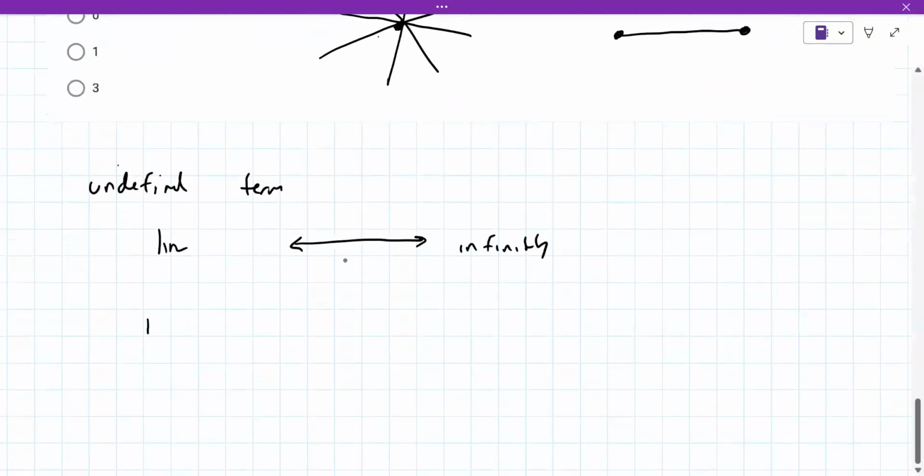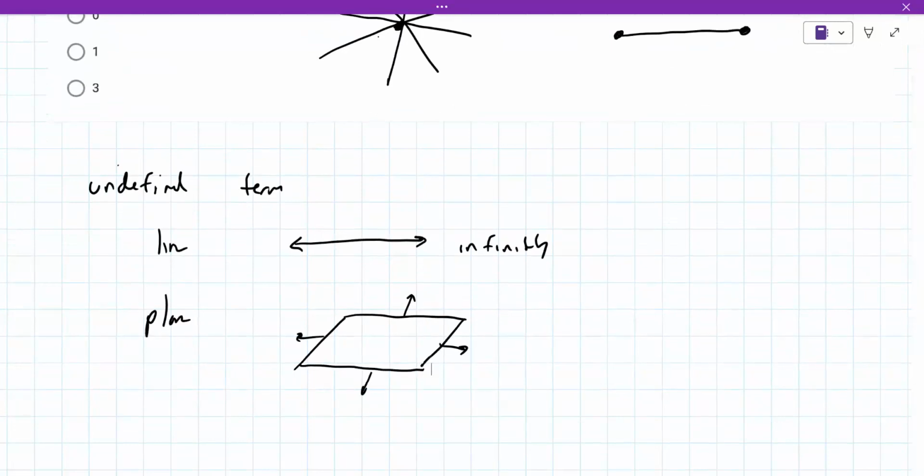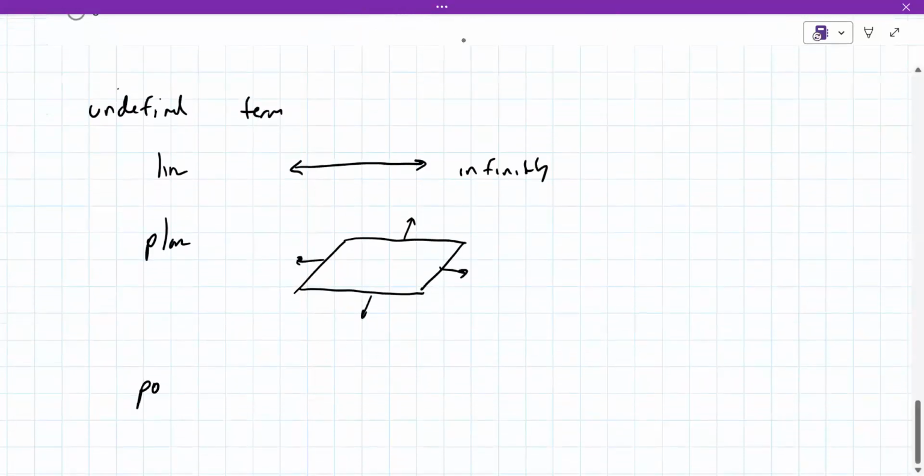A plane is also undefined because it extends infinitely. Point is also undefined. I always think of it as a place in space, but there's no way to know where it is because there's nothing fixed about it.